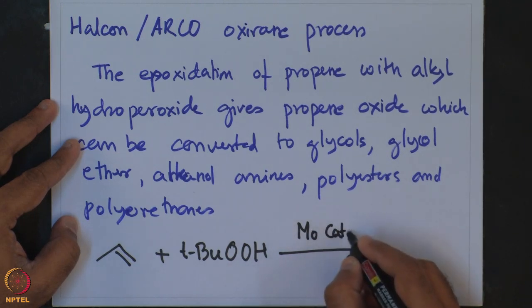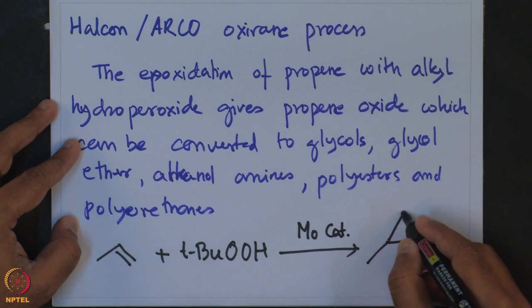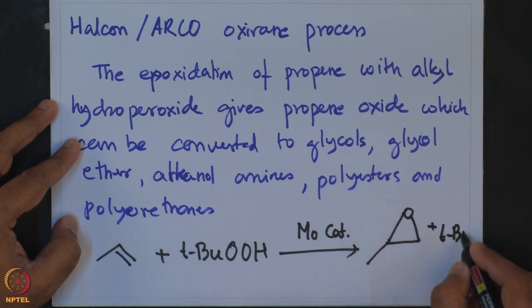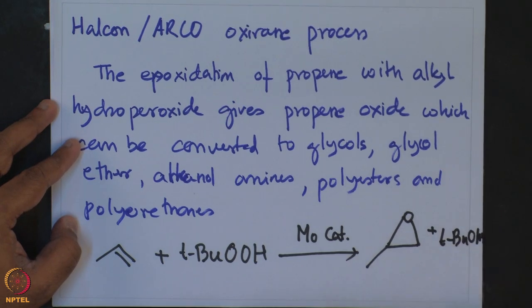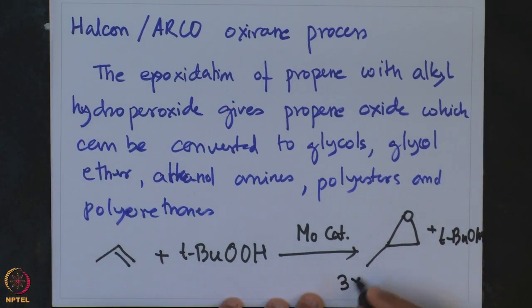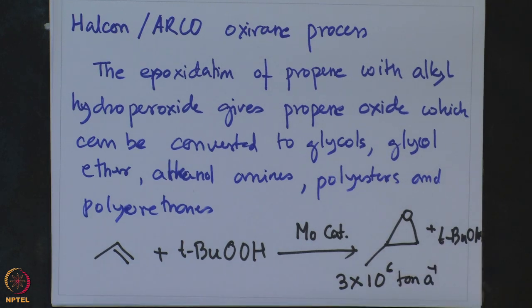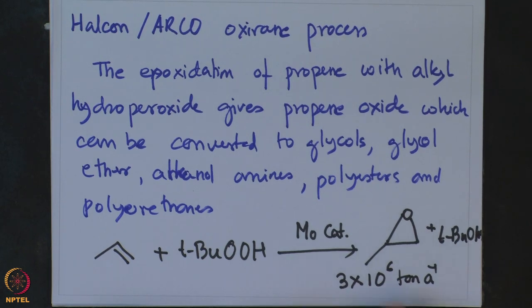Molybdenum catalyst plus butanol, and the turnover is very high, 3 into the power 6 tons per annum. So, this is really a large amount, 3 million tons are produced annually by this particular Halcon-Arco oxidation process.